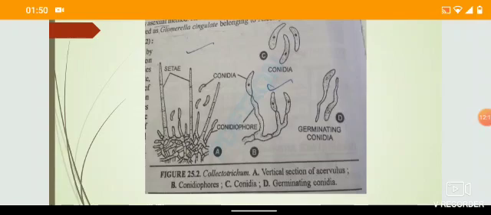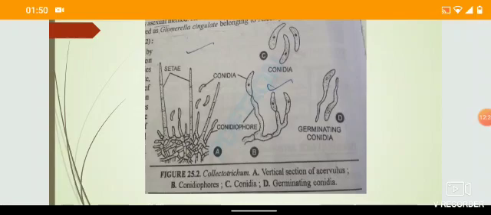So these conidia are produced in large number, approximately 30 or more, in the fruiting body acervulus. And as I've already told you, they are held together by mucilaginous substance.